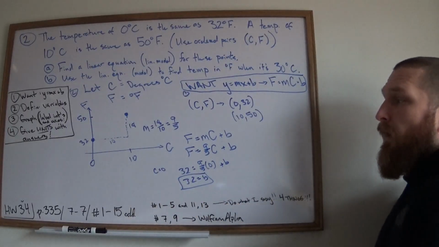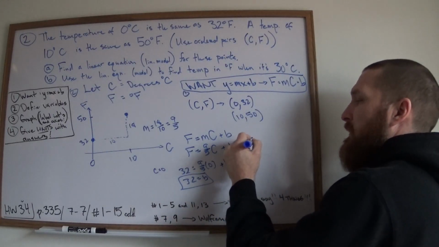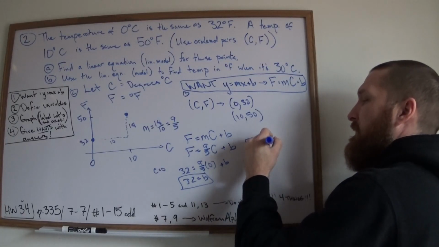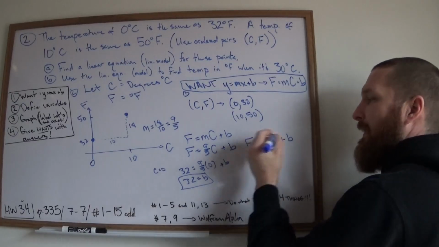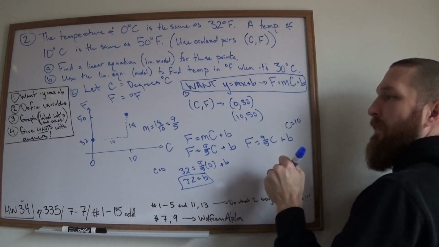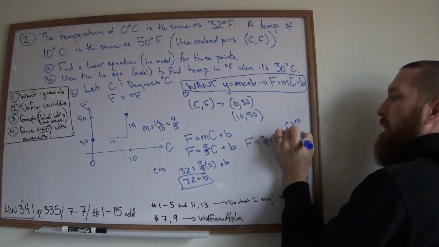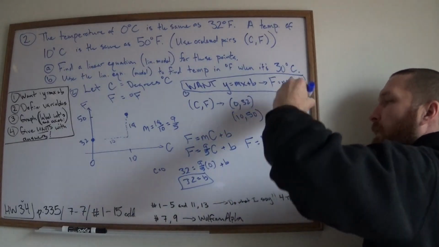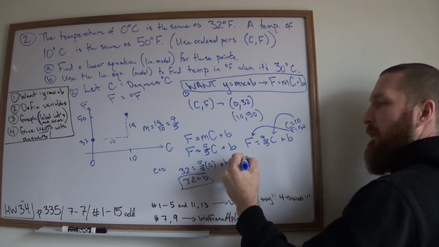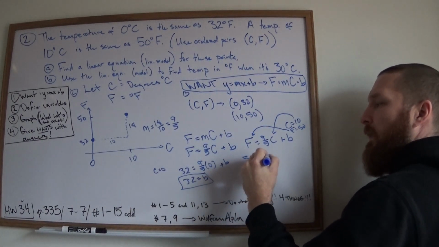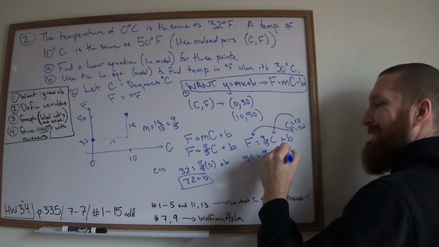Or you could have said, well, since f is equal to 9/5 c plus b, when c is 10, then f is 50. And we plug those in. I'm going to plug in my 10 here, plug in my 50 here, and I get 50 is the output when 10 is the input.